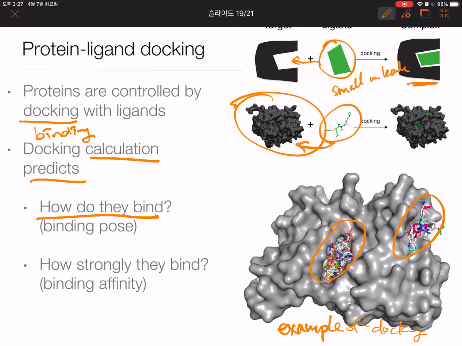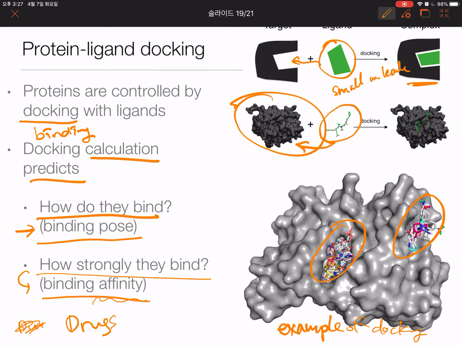This is called the binding pose, which is how they bind. Secondly, the docking simulation can identify how strongly they bind. In other words, it is called binding affinity. Usually drugs are strong binders.